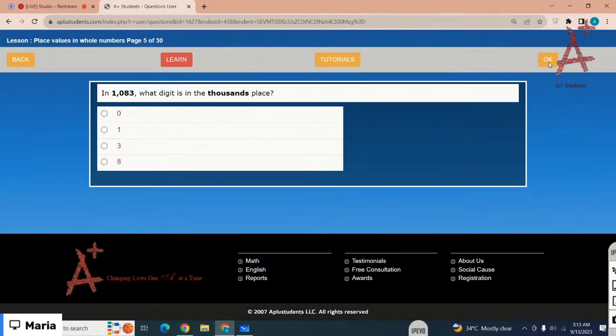Which is the correct option? Which digit is at the thousands position? Very good. 1 is at the thousands position.